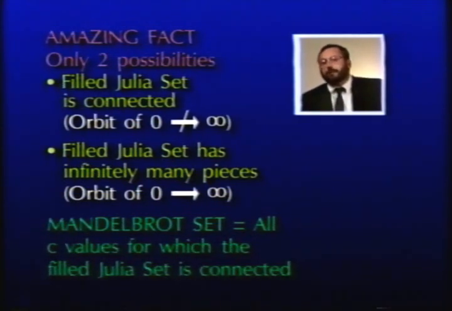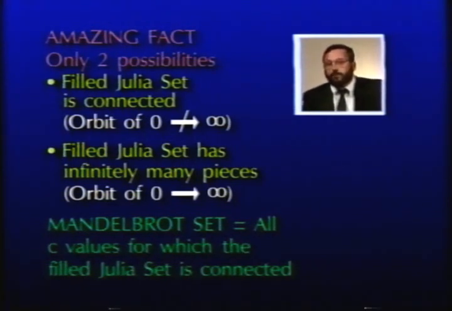What we'll do is select a C value from the Mandelbrot set and then compute a number of orbits of Z for this C value. The algorithm we'll use is exactly the same as before. If the orbit of Z escapes to infinity, we'll color that point. On the other hand, if the orbit of Z fails to escape to infinity, that is, Z is in the filled Julia set, we'll leave that point black.